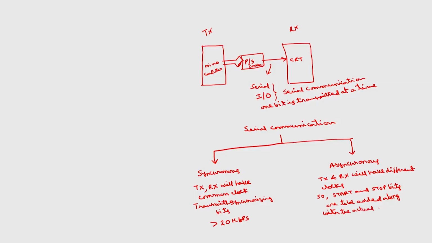In addition to the actual information, you have to transmit some additional bits called start and stop bits, to be added along with the information. Because of these start and stop bits, the process becomes slower. So, this will be normally used for data rates less than 20 kilobits per second.